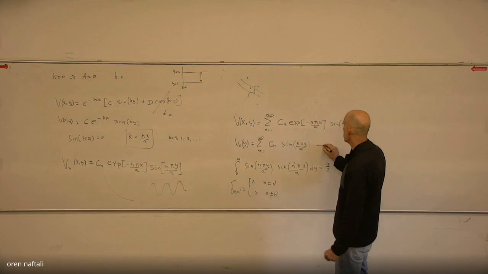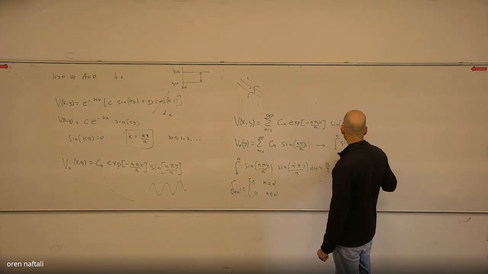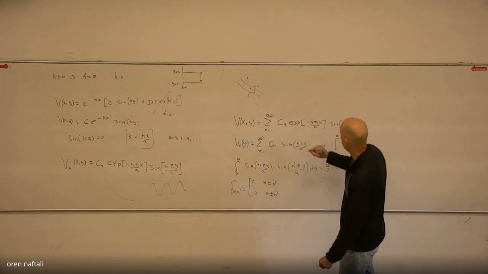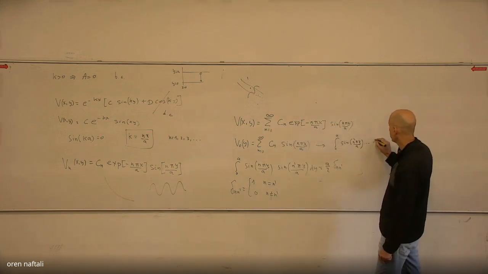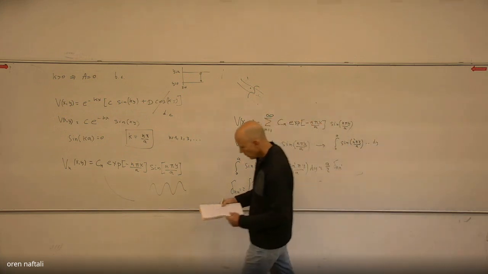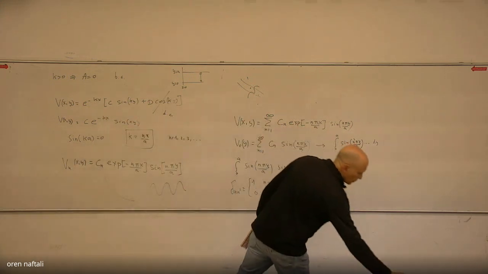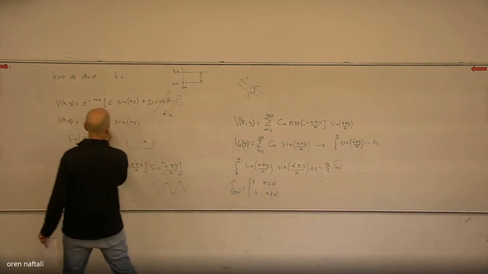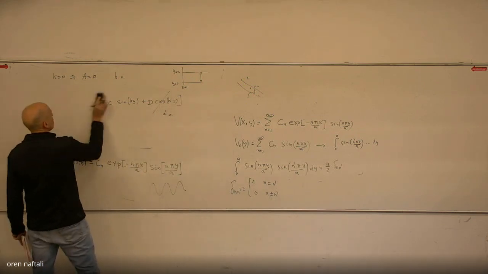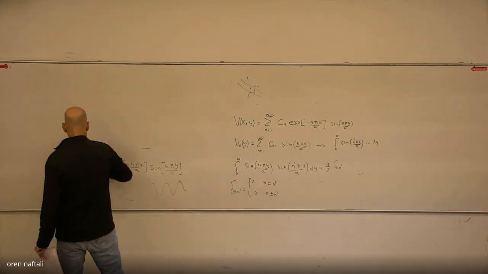So we integrate from 0 to a sine of n prime pi y over a times this function, dy. We use the orthogonality relations, and then we get the Cn. And we are done, formally at least.